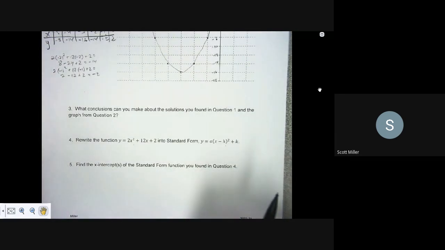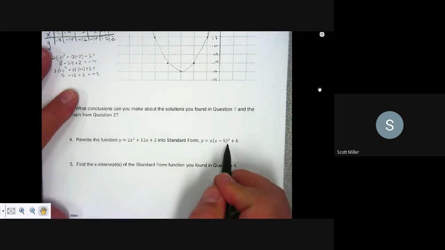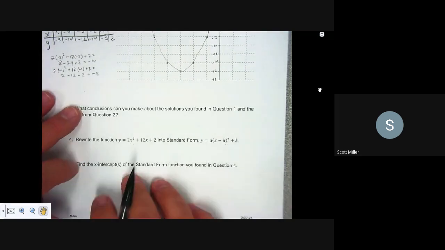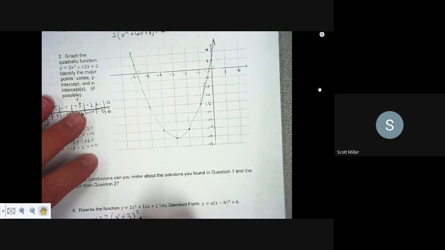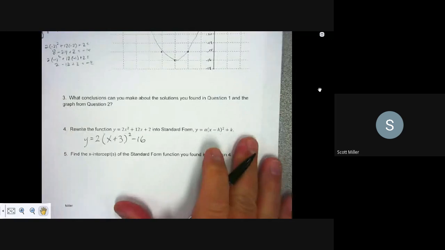And that's what they're looking for in this lesson. So what is this in vertex form? Well, we already found it. We found it over here. It's that right there. So I'm going to rewrite that over here. So it's y equals 2 times (x plus 3) squared minus 16. So I have that right there.